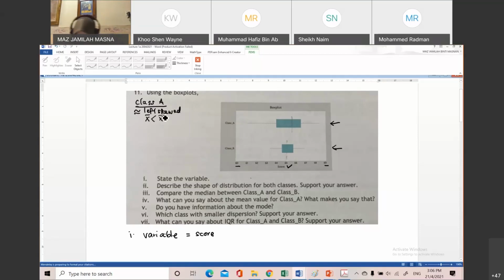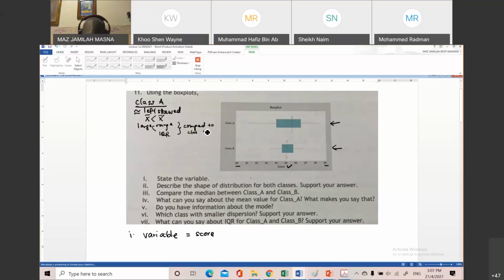Next, what else? Large range, large IQR, compared to class A.